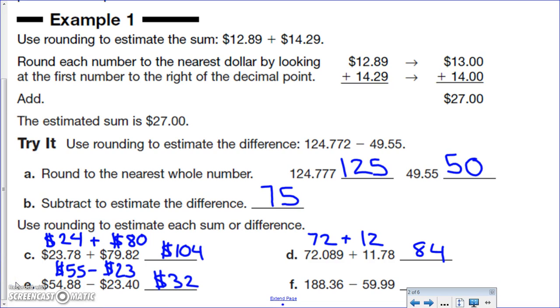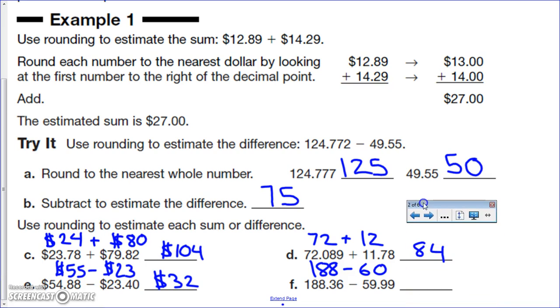For F, we're going to round 188 and 36 hundredths to 188. And we're going to round 59 and 99 hundredths to 60. Then 188 minus 60 is 128.